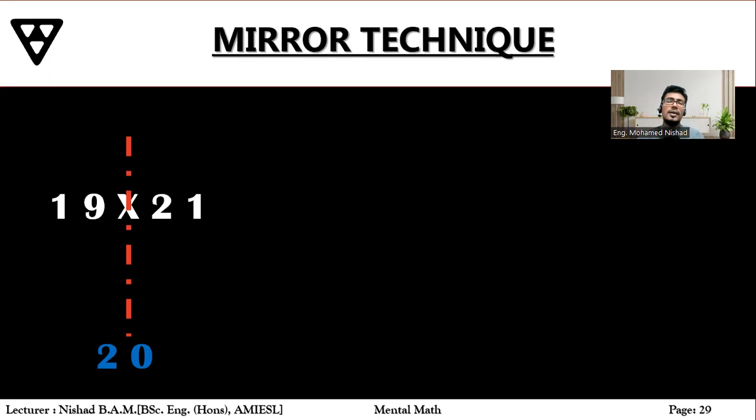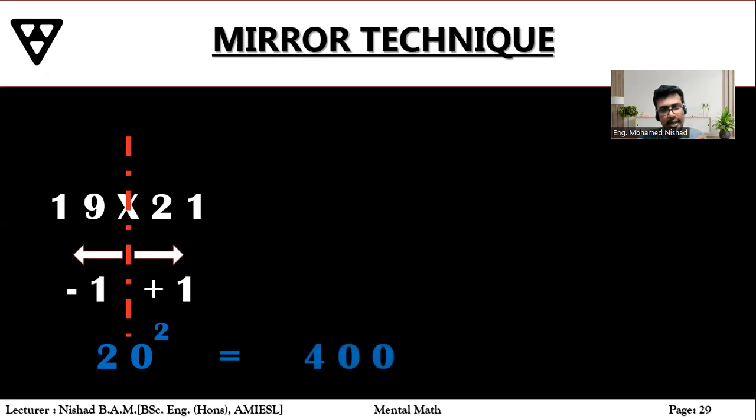So now let me explain the mirror technique for you. It's very simple. What we have to do is square that mirror number, 20. How can you square? It might be a round number, or maybe it will be ending with 5.